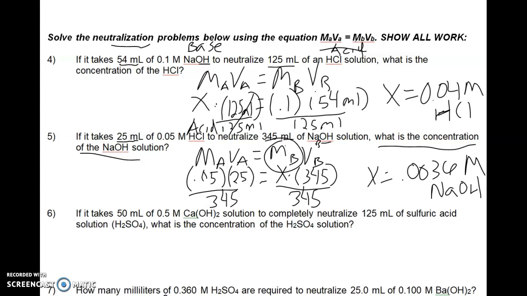Okay, so we are going to stop there for now, and I just wanted to quickly remind you that the whole point of using this titration equation is that we're trying to get the same amount of moles of acid as we have moles of base, because that is when it is neutral, for these strong acids and strong bases. So that's why we are using this equation.